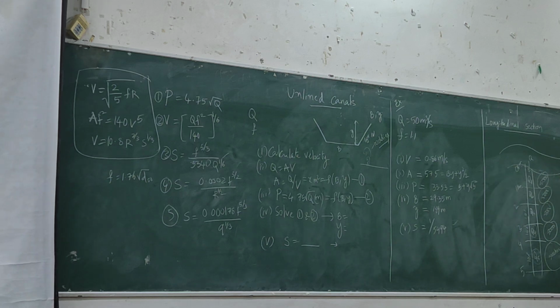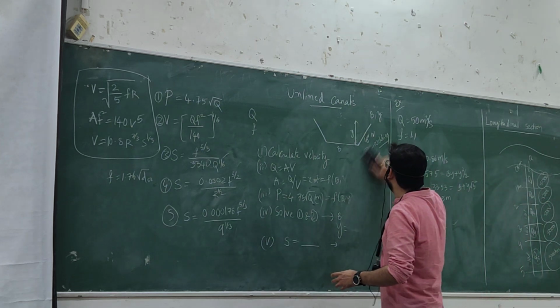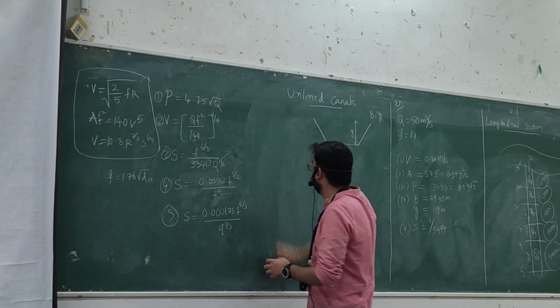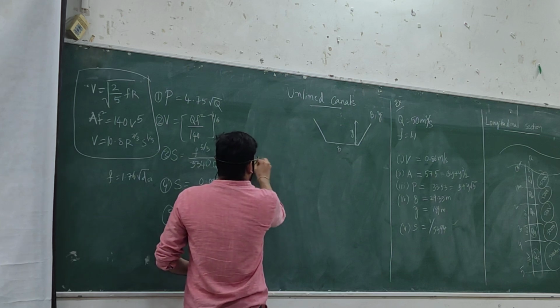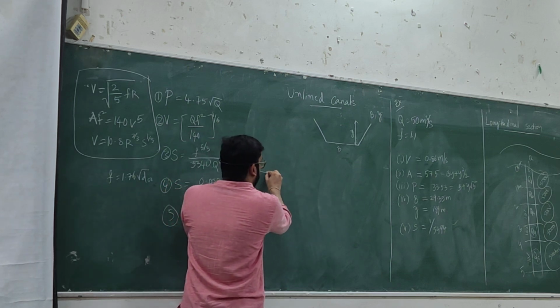And each section can have a different slope. If you are using Lacey's theory, then it gives you a slope, so you need to maintain that slope as well. And in some places, let's say I'm taking in water from this side and I'm looking at the canal slope.